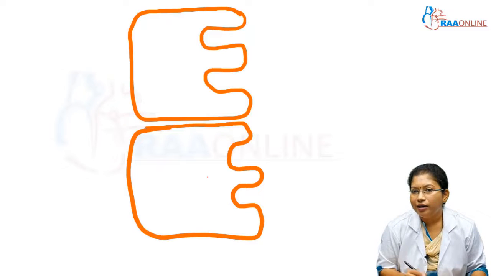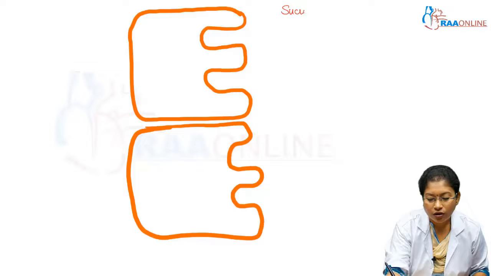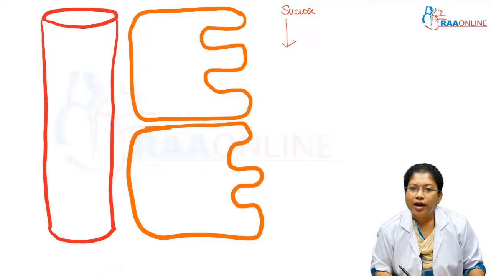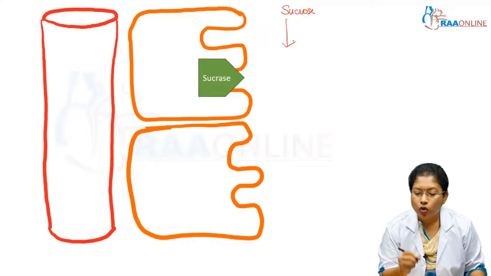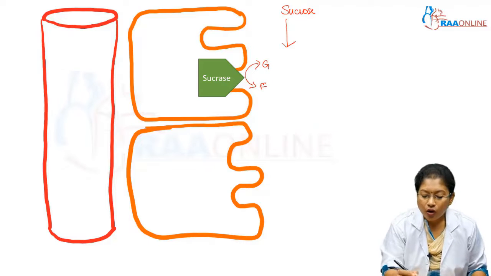So if this is the intestinal cell, when we eat food, the sucrose reaches the intestinal cell. It is acted upon by sucrase to produce glucose and fructose.